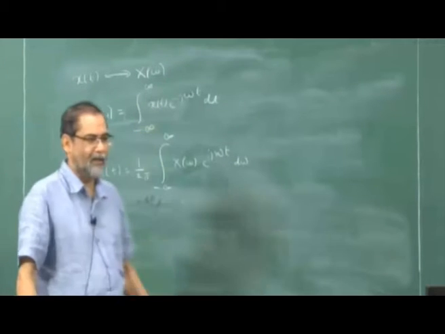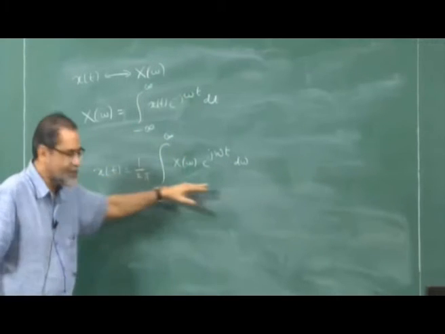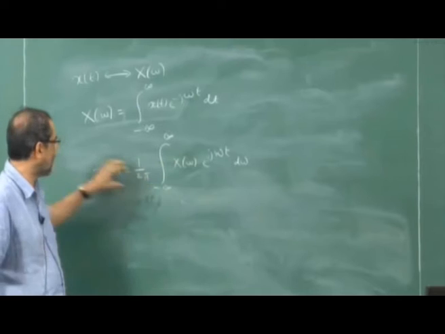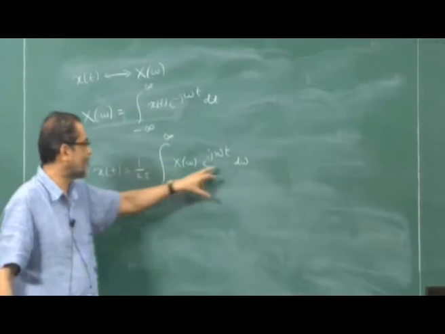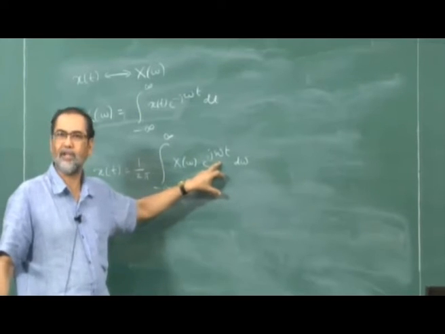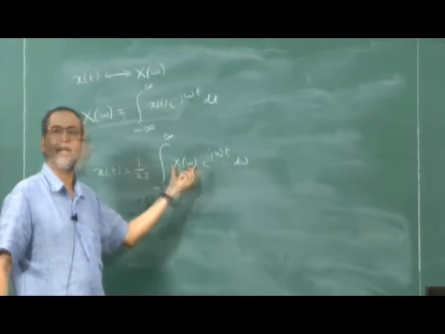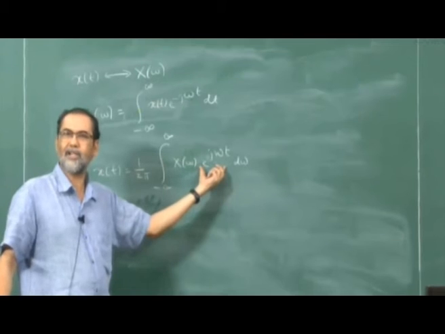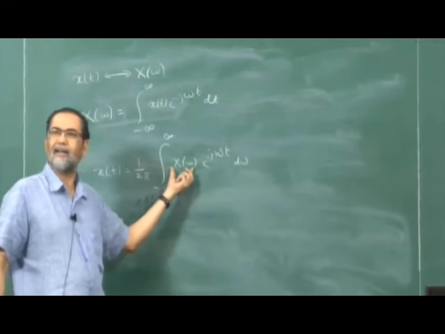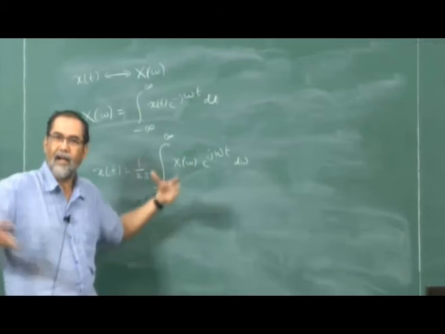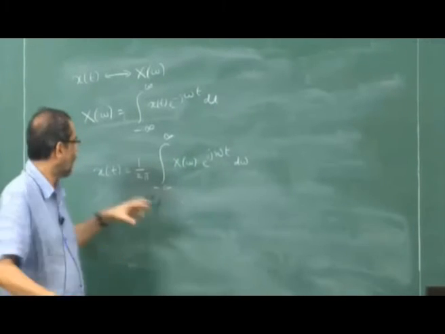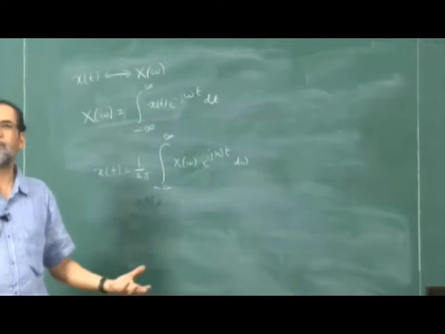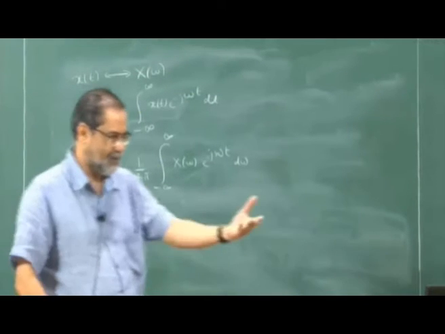Let me write these two equations. If you look at this second integral, what it says is that x of t can be thought of as consisting of many complex exponentials, each of this value. It has an infinite number of complex exponentials given by a certain amplitude, and they all add together to make x of t a non-periodic signal. That's the interpretation.